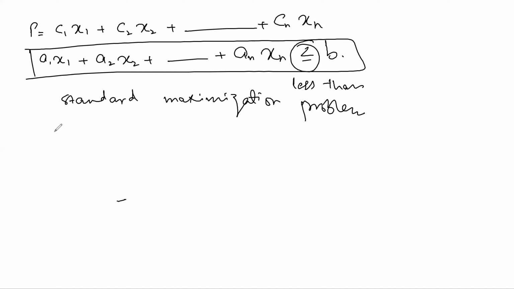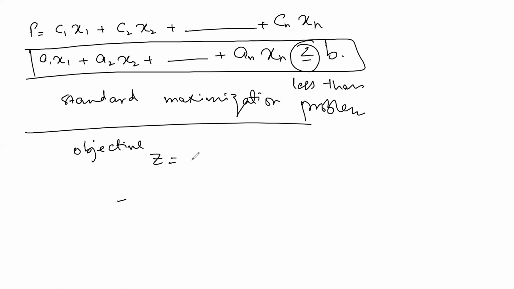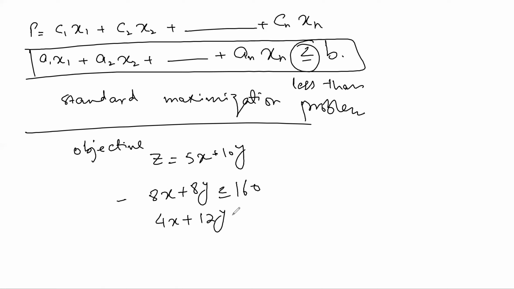Let's say you are given an objective function, z equals 5x plus 10y, and the constraints are, let's say, 8x plus 8y less than 160, 4x plus 12y less than 180, and of course built-in constraints, x should be greater than 0 and y should be greater than 0.